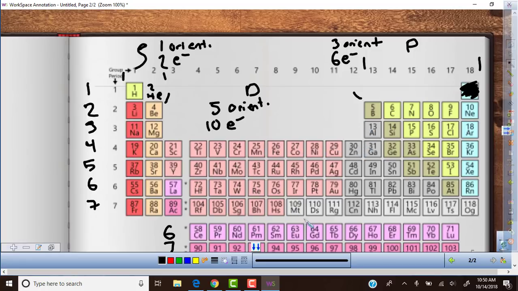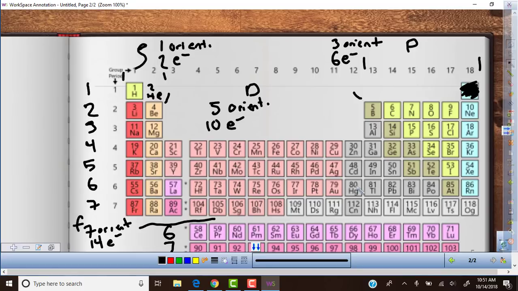And then the last one down here at the very bottom, I'm just going to draw an arrow out here. This is your f sublevel. And if you've noticed a trend here, we've got 1 orientation, 3, 5. This one's going to be 7, with a total of 14 electrons possible in that level. Again, there's 2 electrons for each orientation. So you have 14 elements that go across each particular f block.